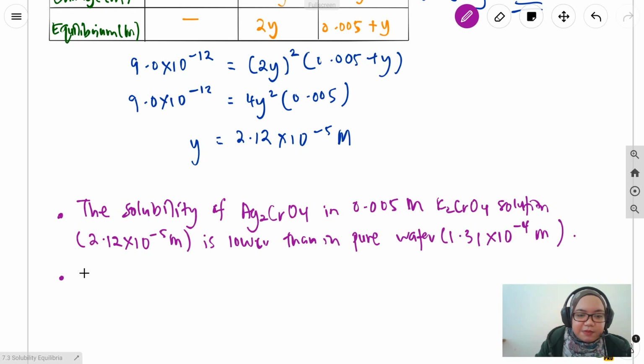Second explanation kita bagi tahu kenapa. Kenapa solubility dalam K2CrO4 solution lagi lower compared to pure water.